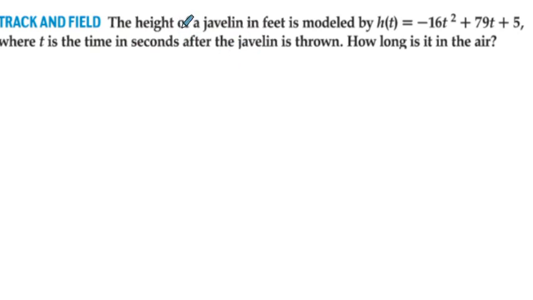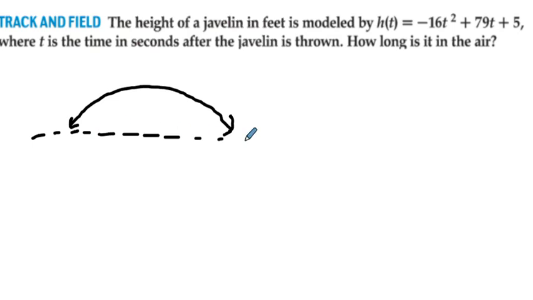So when we talk about the height of a javelin and throwing, we're basically talking about trajectories. And as we know, when we throw things, they tend to go like this, and then they'll flatten out, and then they'll start to come down, right? And if we did that over a long enough period, if the ground wasn't here to stop it, it would eventually look something like this on that side, and it would do the same thing over here.